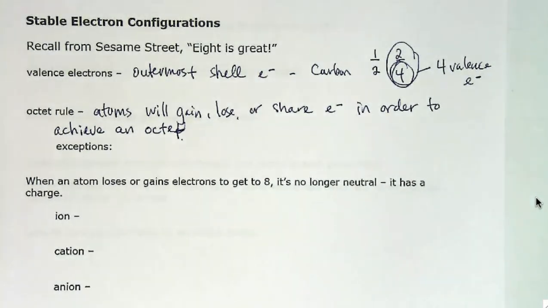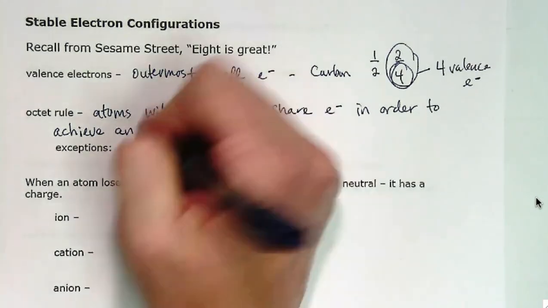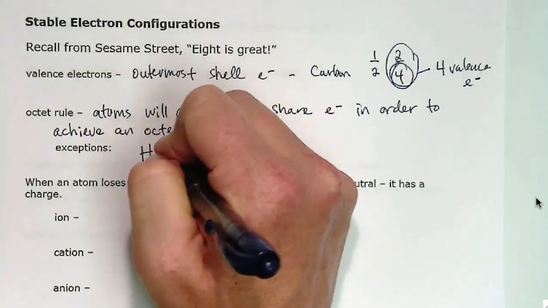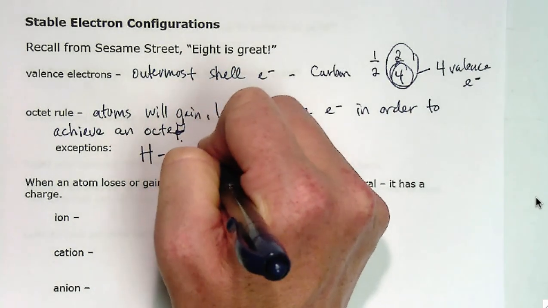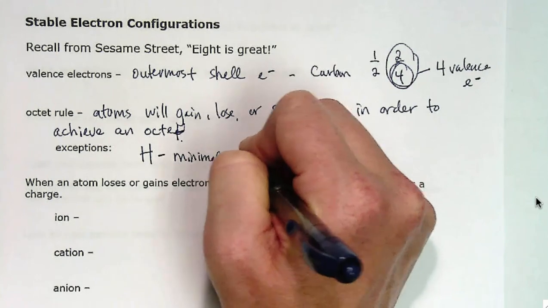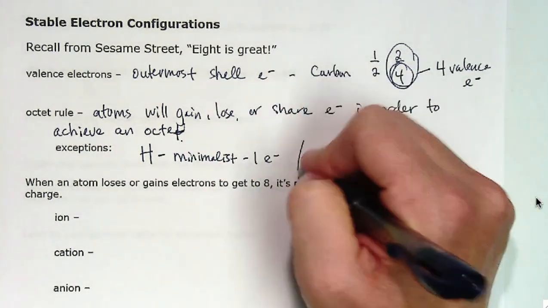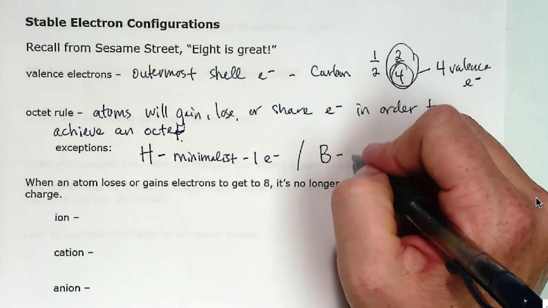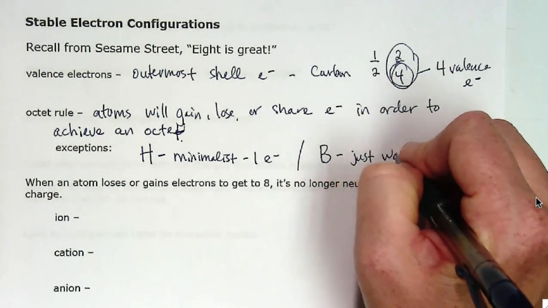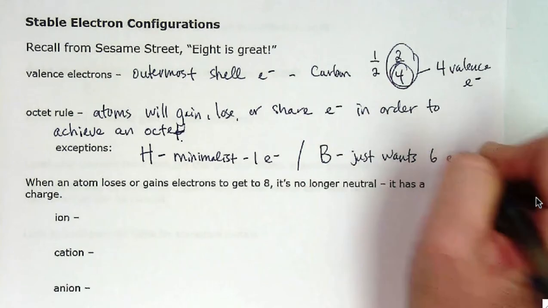There are a few exceptions to this. Hydrogen is a minimalist, just wants one. And then boron is another one, with just 6 electrons.